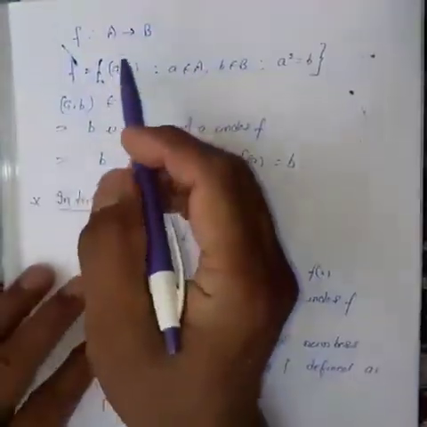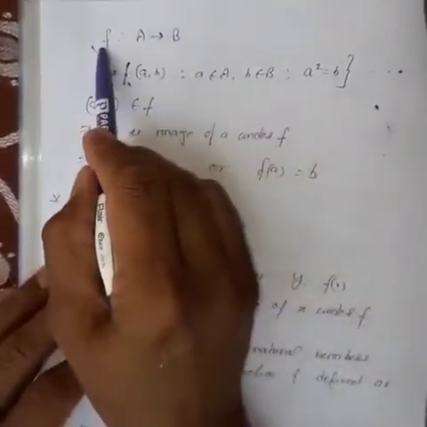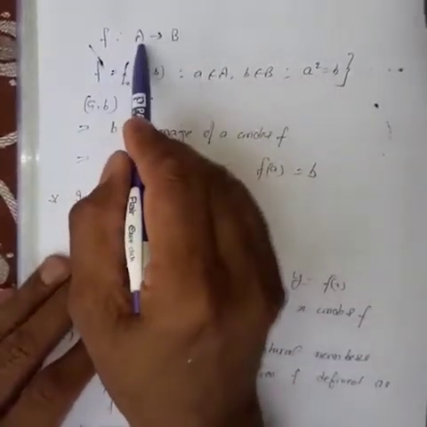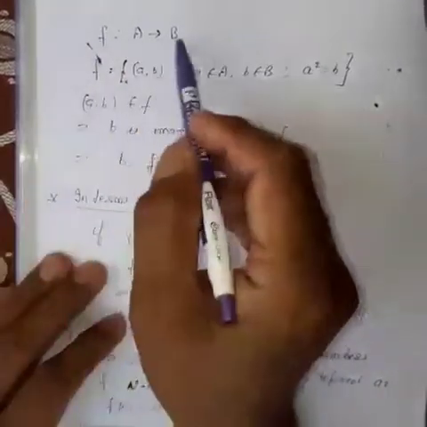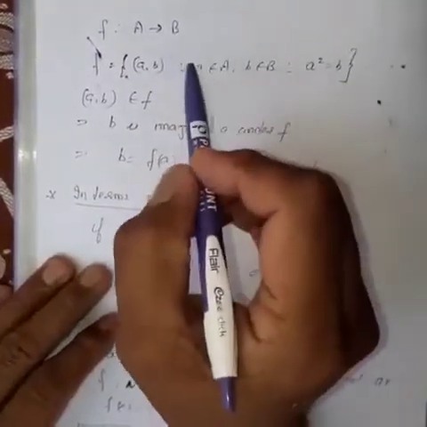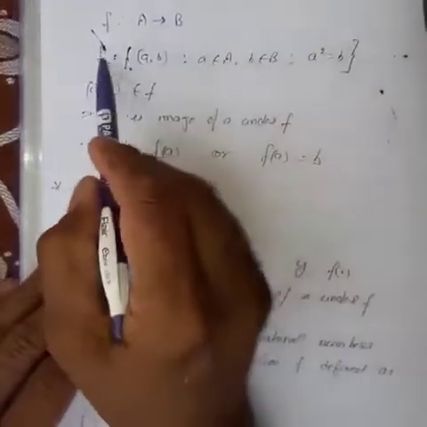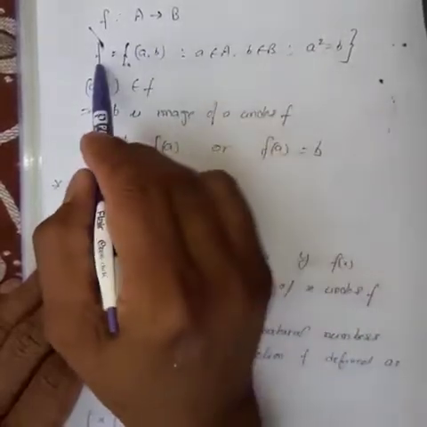Now let f be a function from A to B. Clearly, as we have done, because f is a subset of R, all the elements of A can be the domain of the function f. Similarly, B is the codomain. The range elements belong to set B. Now the elements of f will be ordered pairs, as in the case of relations.